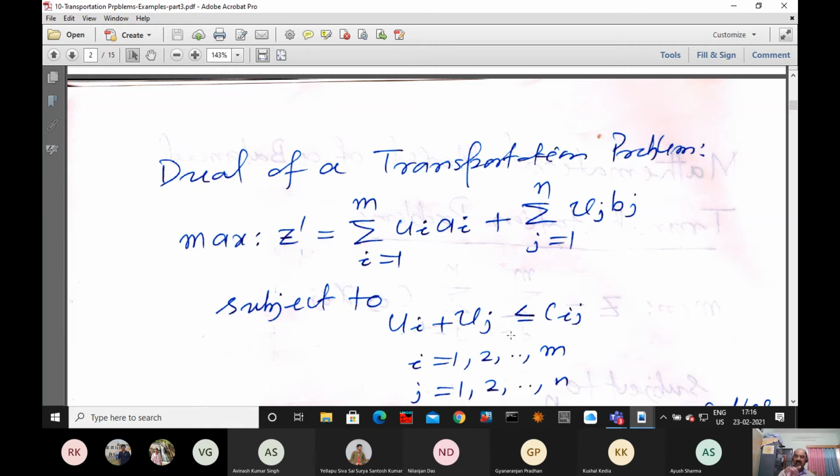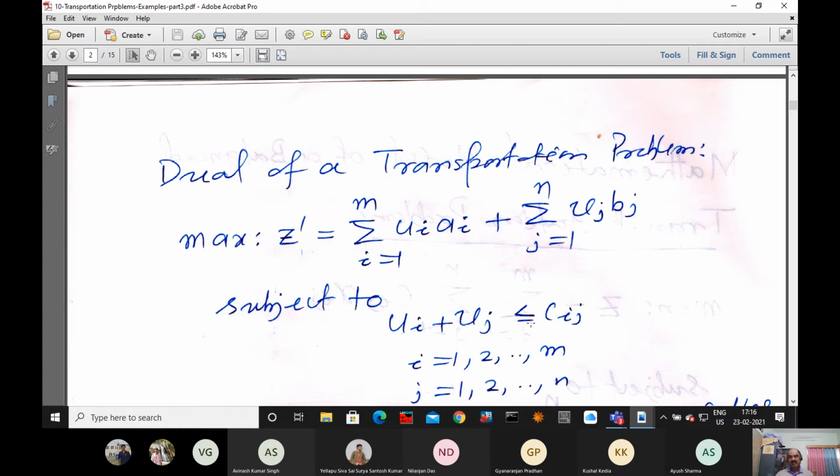With respect to each cell there is a primal variable, something like x11, x12, x13 up to xmn. So we have m into n dual constraints. The dual constraints are all less than or equal type. When you say less than or equal to cij, either they are equal or less.